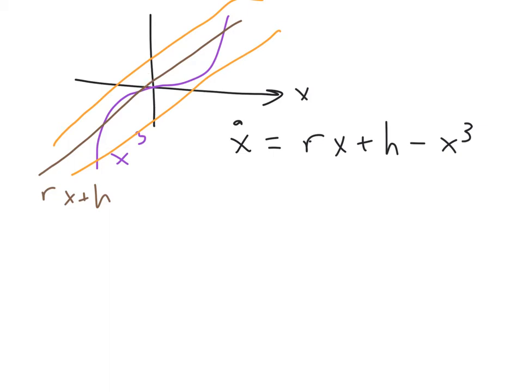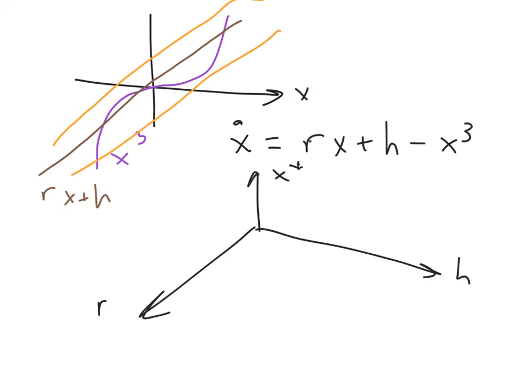While if we change r instead of h, we get these types of pitchfork-like pictures that we've been looking at before, and that suggests that we can draw a diagram in 3D that I think you'll probably recognize of what happens to the fixed points as we change both r and h. So there's a region of rh space where we have 3 fixed points, and it's a relatively small region.